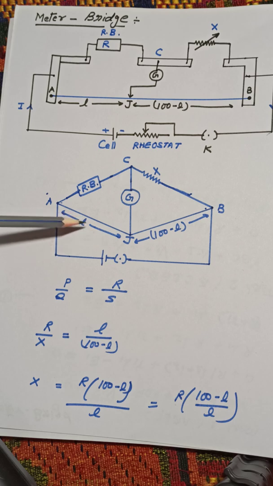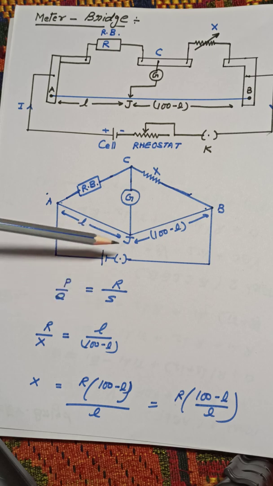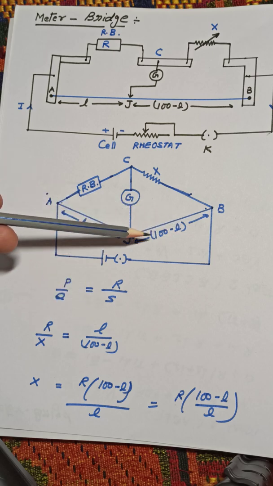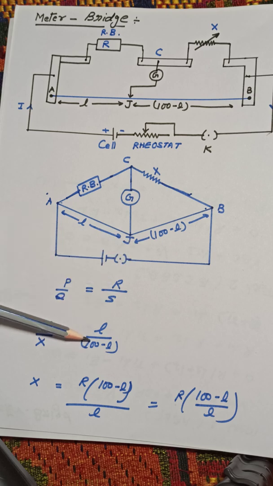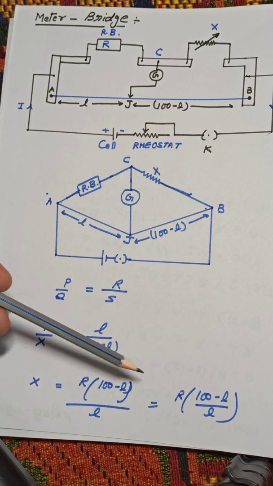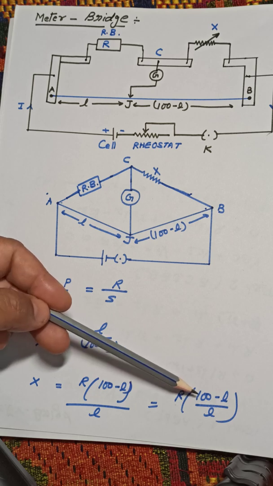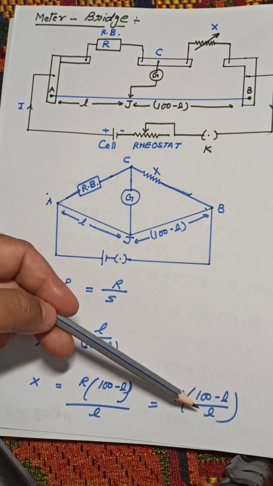Therefore, if we take resistance per unit length as 1 ohm, then the resistance of AJ is L and the resistance of JB is 100 minus L. Then R upon X equal to L upon 100 minus L, or you can rearrange: X equals R times 100 minus L upon L.